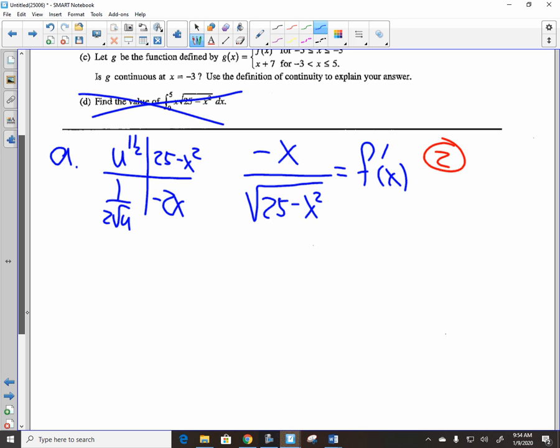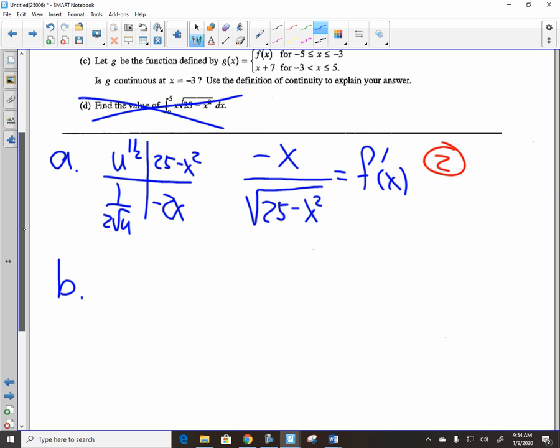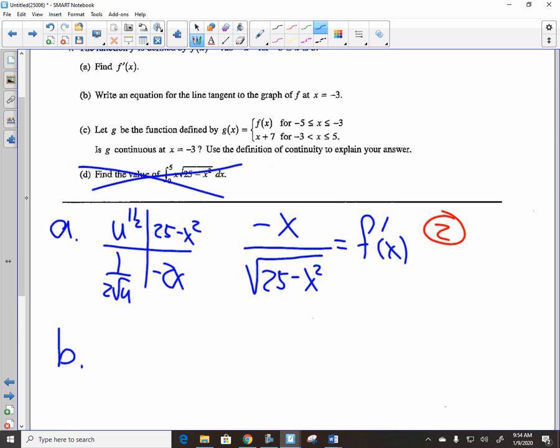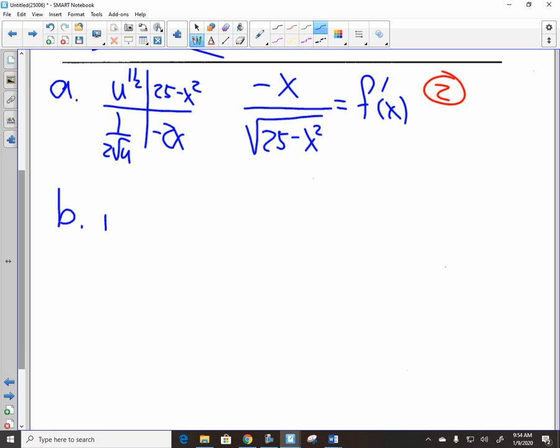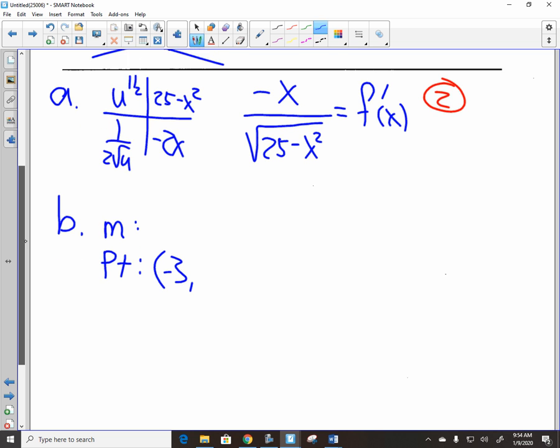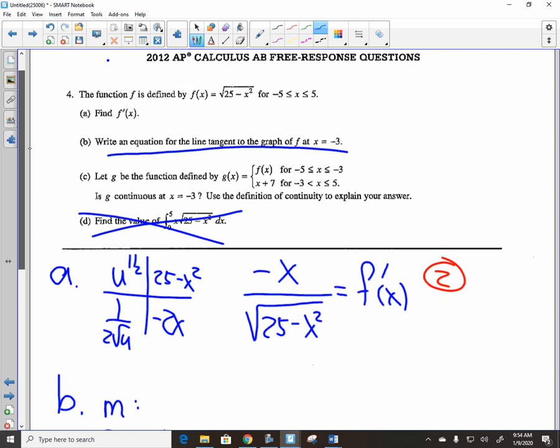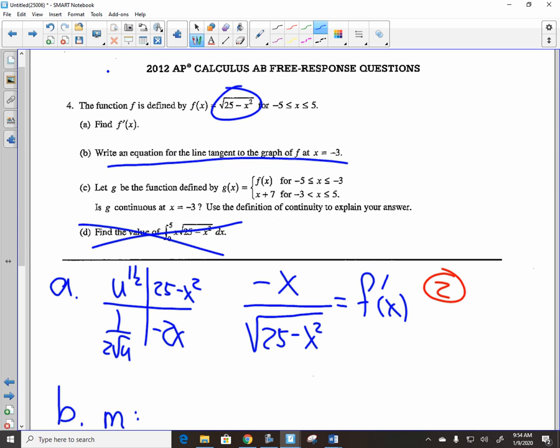Letter B says write an equation for the line tangent to the graph of f at x equals negative 3. So you need 2 things. You need slope and you need a point. Well, you know it's at negative 3. So in order to come up with the y value, I plug it back into here.